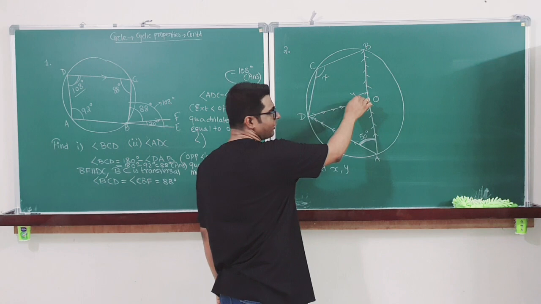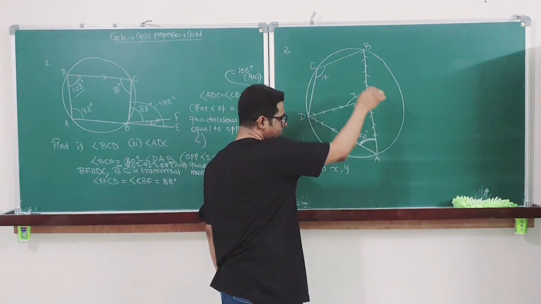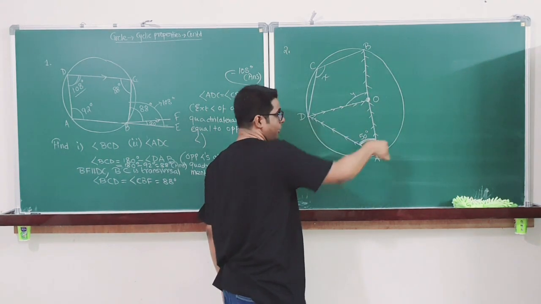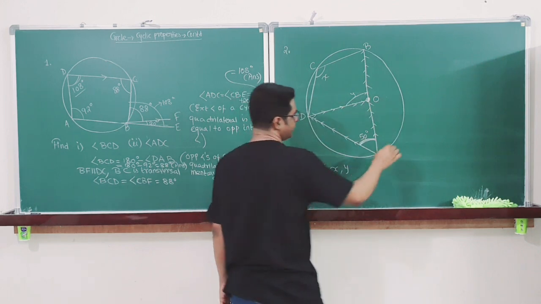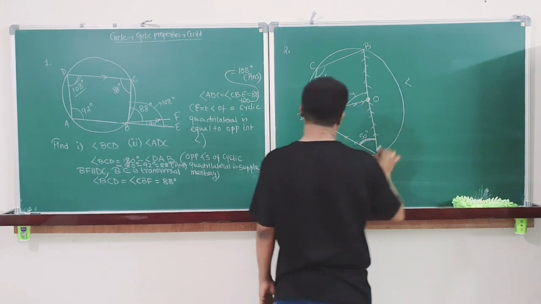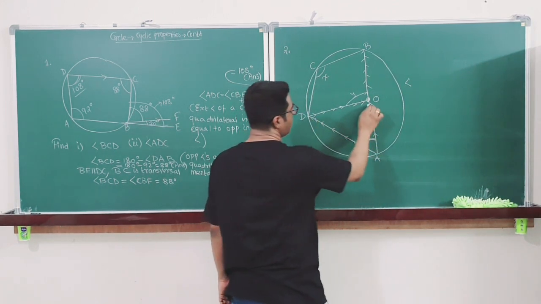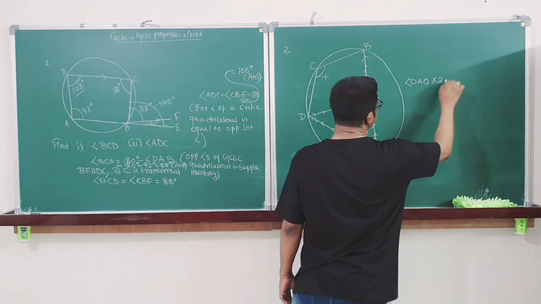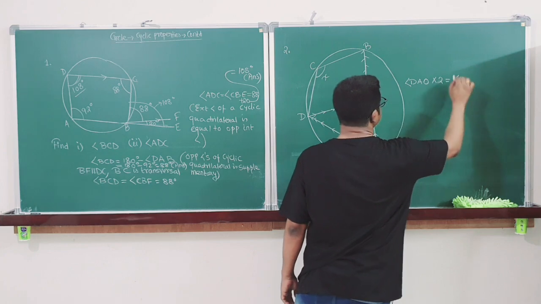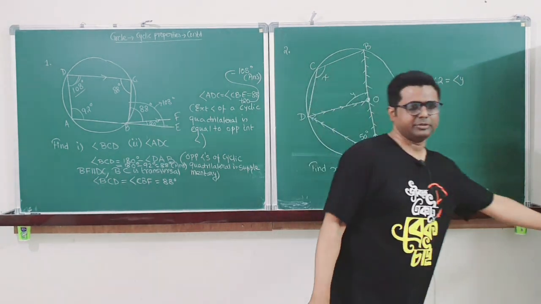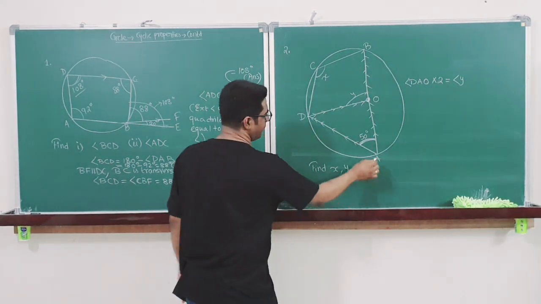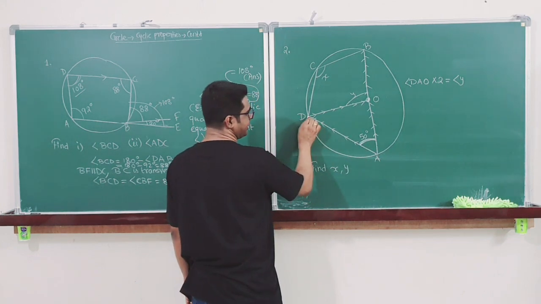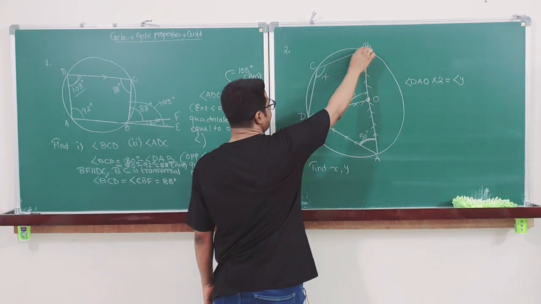So Y is the corresponding angle at center with respect to 50 degree on the opposite side. So can I say angle DAO into 2 is equal to angle Y. From the periphery to the circumference, the chord is BD.